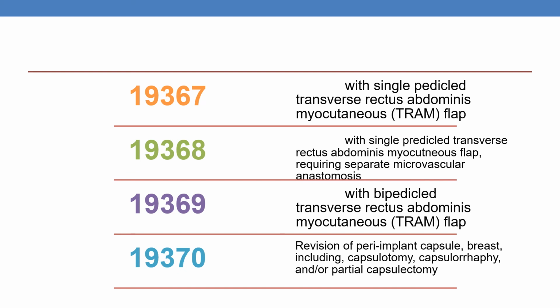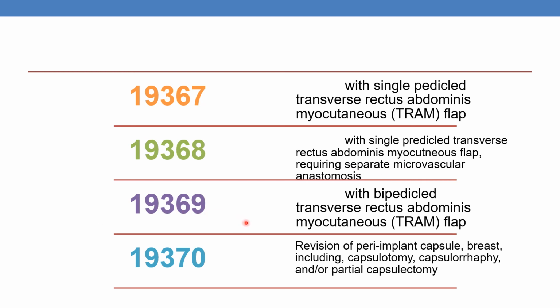The next CPT is 19367, which includes breast reconstruction with single pedicle transverse rectus abdominis myocutaneous flap, single pedicle TRAM flap. The next is 19368, which involves breast reconstruction with single pedicle TRAM flap requiring separate microvascular anastomosis.